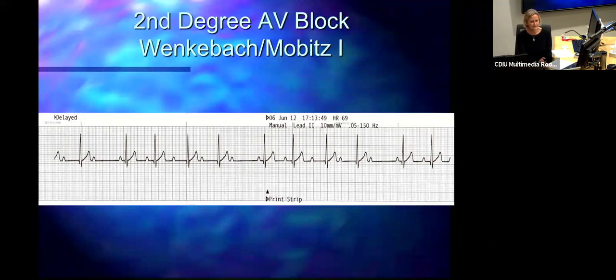So remember, first step, more Ps than Rs. Second step is the R to R regular or irregular. So if it were regular, then the way I approach it is drop down to see if it's third degree heart block, because in third degree heart block, the R will be regular with itself and the P will be regular with itself, but the two won't be regular with each other.